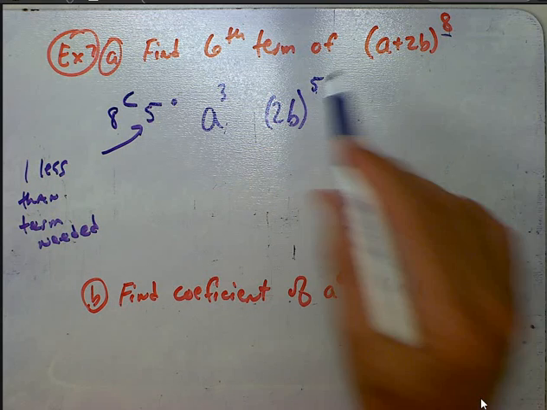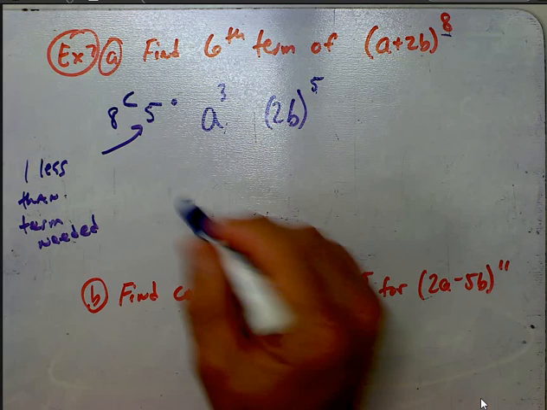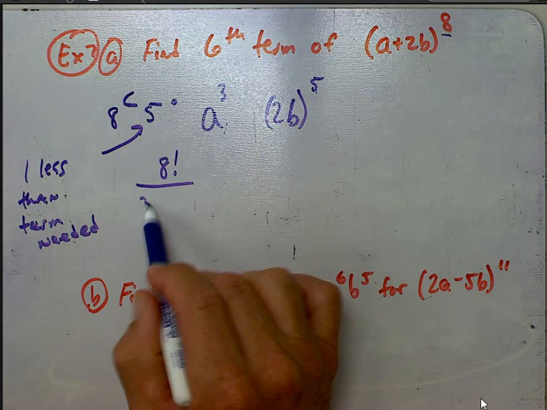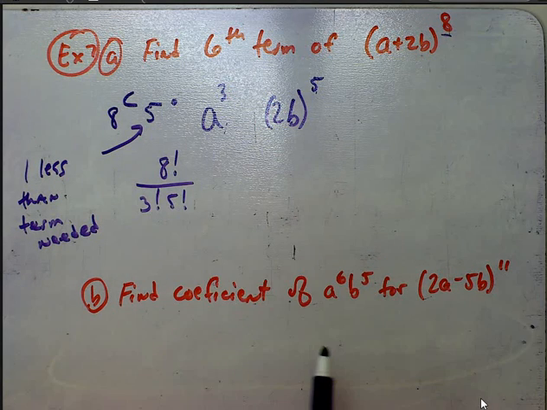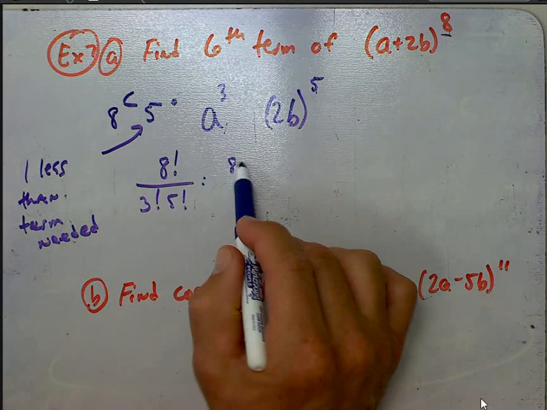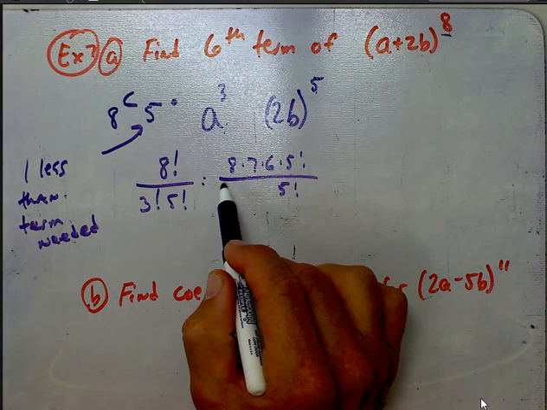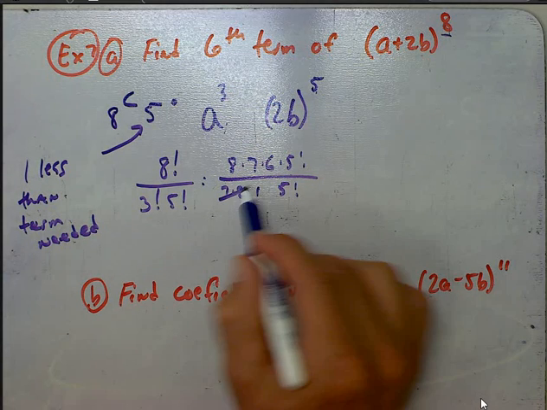Now I just evaluate. 8c5 is going to be 8 factorial over 3 factorial, 5 factorial. And so it's going to be 8 times 7 times 6 times 5 factorial over 3 times 2 times 1, 3 times 2 is 6, those cancel.